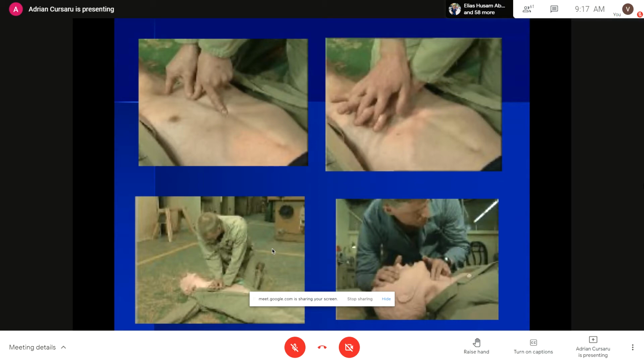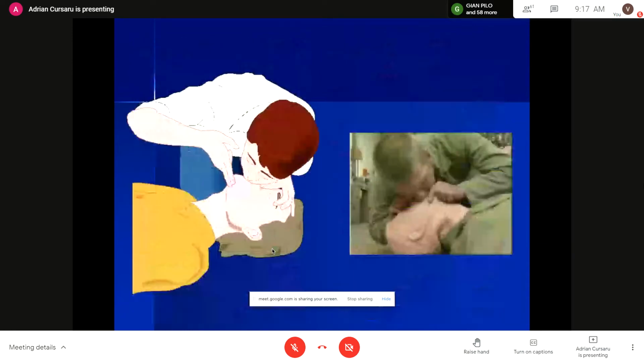It is very important to check the airways and to put the head and the neck in the correct position. We have to put it in hyperextension, and we have to listen and feel the breath of the patient.